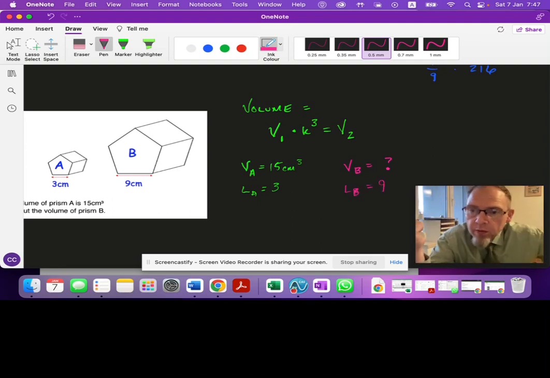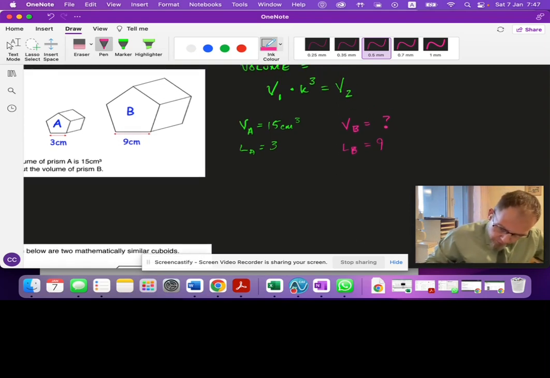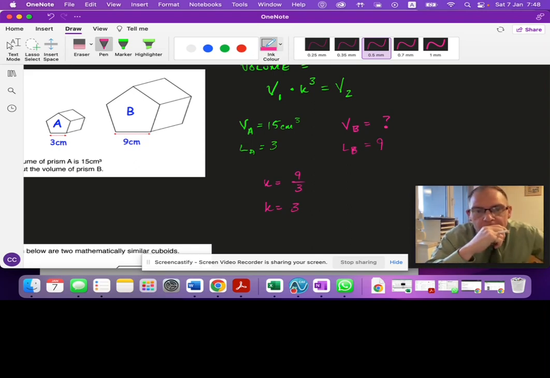So we need to know what the k value is. We're saying that they're similar. So let's find our k value. k is going to be 9/3. My k value in this case is 3.